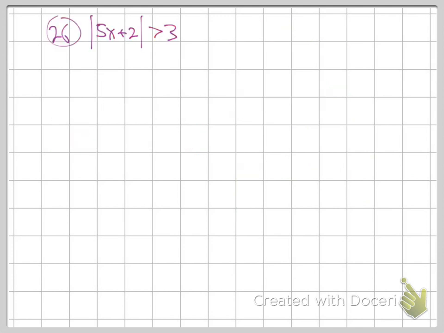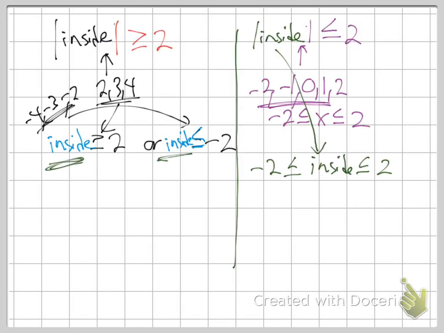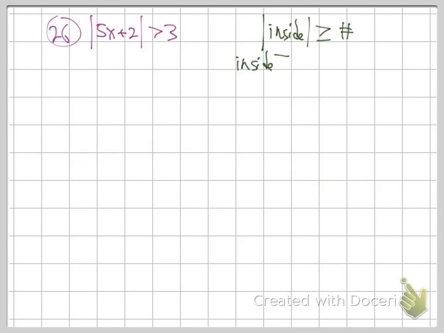So coming back here, if we have the absolute value of some inside greater than or equal to a number, we take off the absolute values. We're thinking through how to correctly remove the absolute values. So the inside is greater than or equal to the positive of the number, or the inside is less than or equal to the negative of the number.